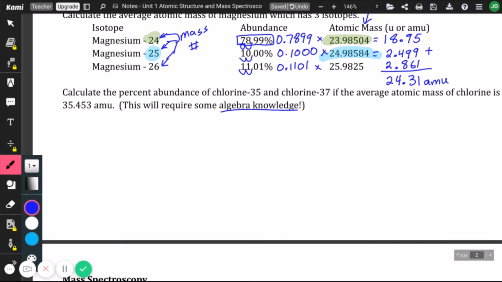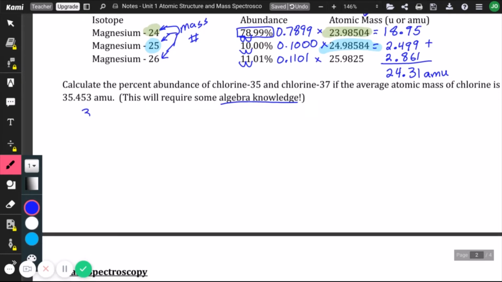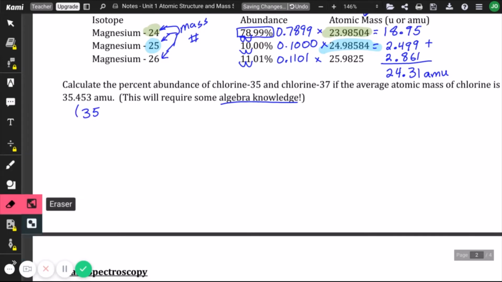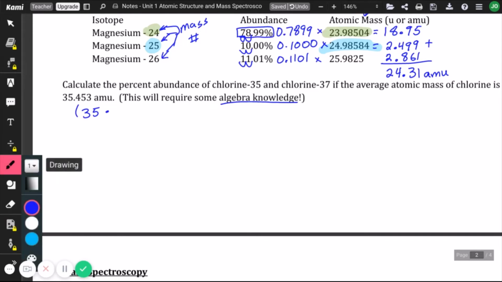So here, I'm told that I have chlorine 35, so 35 times its percentage. Well, I don't know its percentage, so we're going to put x, plus chlorine 37 times its percentage. Again, I don't know that, so y, equals 35.45. Okay, so how do I solve this?